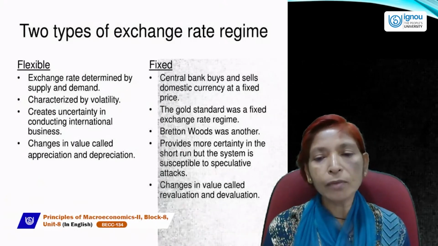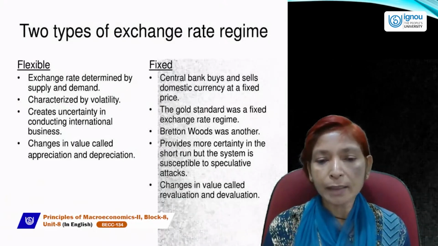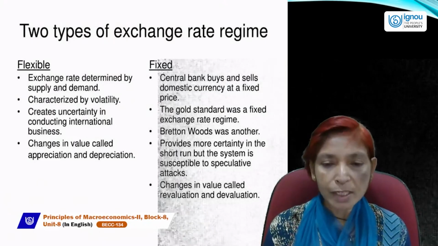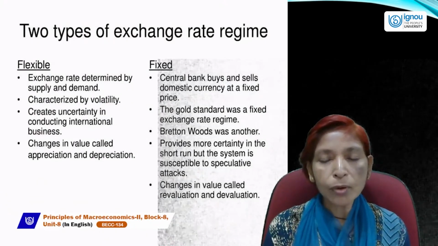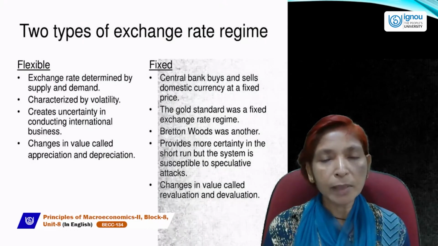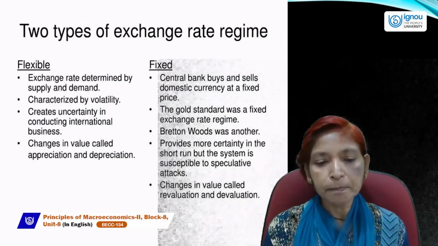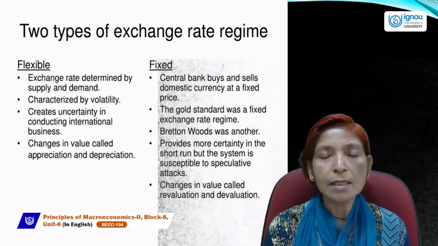The gold standard was a fixed exchange rate regime. Bretton Woods was another system in which the exchange rate was fixed with the help of the gold standard. It provides more certainty in the short run, but the system is susceptible to speculative attacks, and its changes in value are called revaluation and devaluation.